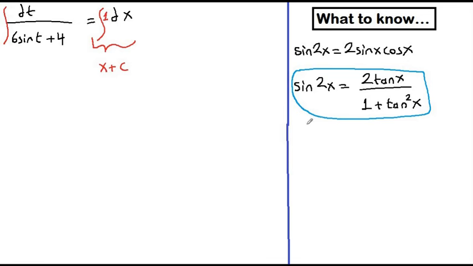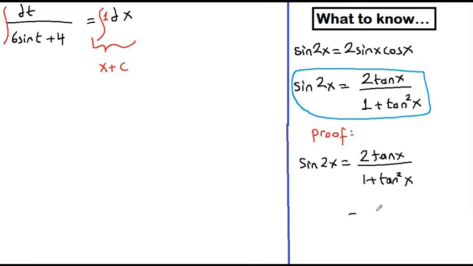I'm going to show a mini proof of why this identity is equal to that. So we said that sine of 2x is equal to 2 tangent x over 1 plus tangent squared of x. We can rewrite tangent x as sine over cosine using the reciprocal identities.